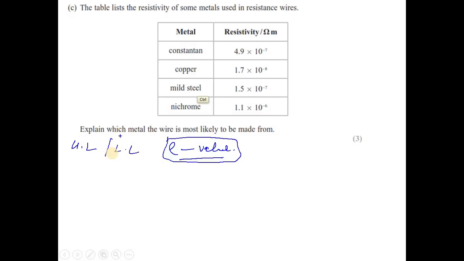And how do we find the upper limit and the lower limit? So the idea of finding the upper limit of resistivity, I'm writing in short, is you multiply your calculated resistivity by 1 plus the percentage uncertainty in the resistivity. So rho times 1 plus the percentage uncertainty, which we found is 2.8% in the previous calculation.